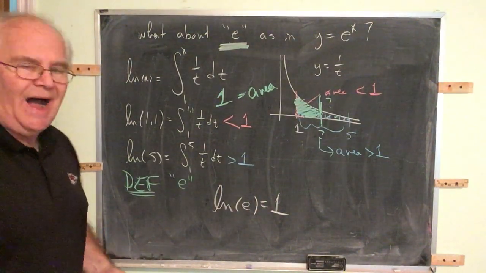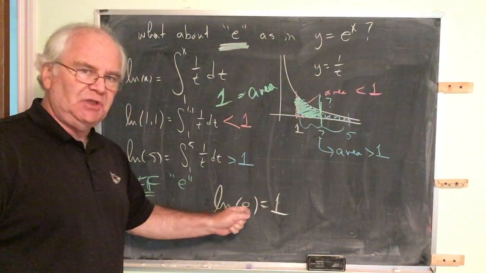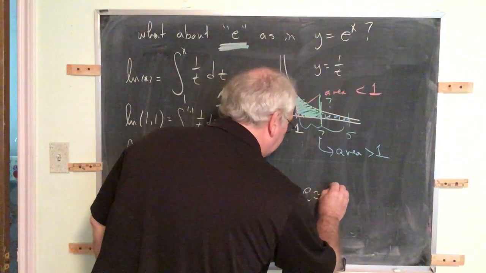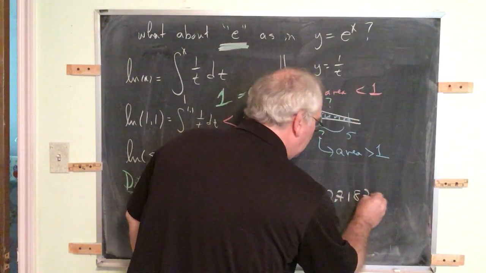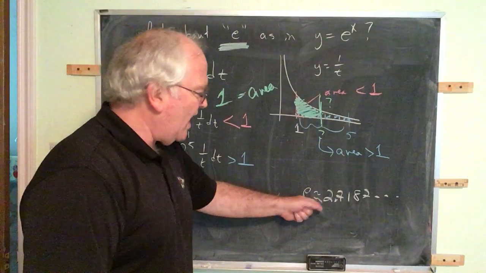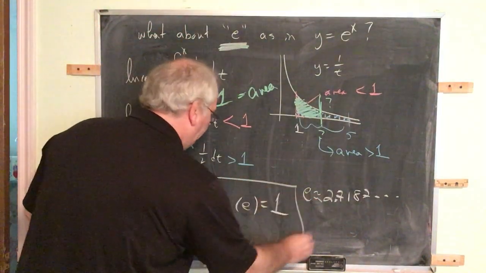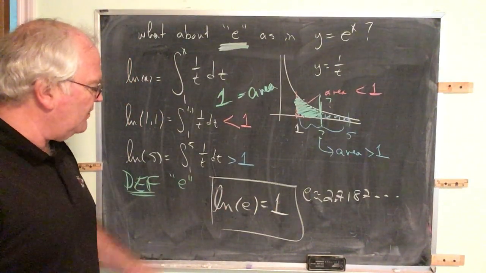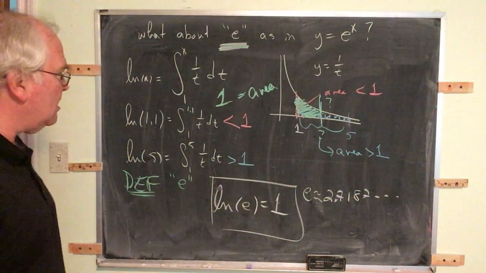So the question is, why is the natural log of e equal to 1? Because that's the definition of the number. Now, it turns out that e is approximately equal to, it can be shown, 2.7182... blah, blah, blah. That value was computed using some other approximation techniques. For our purposes, it suffices to say the natural log of e is equal to 1. The reason the natural log of e is equal to 1 is because that's the definition of e.